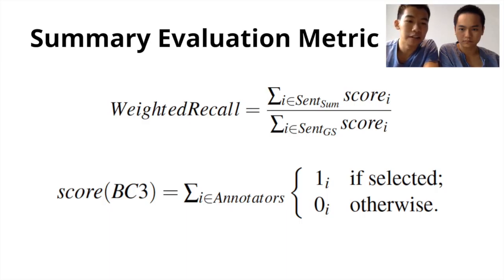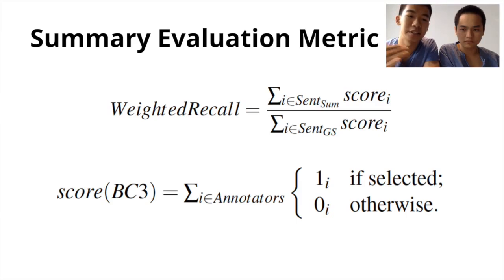And basically, the way weighted recall works is we take the sum of the score of the sentences. So the score is defined as the number of annotators that select a sentence. So for the BC3 corpus, that's a number between 0 and 3. So basically, for weighted recall, we take all the sentences in the summary, look at the score of all the sentences in that summary that the classifier chose, add that up, and divide that by the sum of the scores of the summary that the human annotators chose.